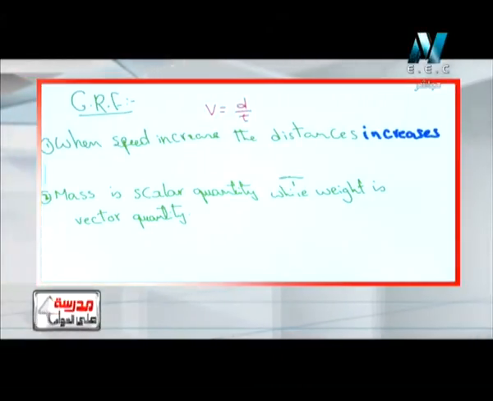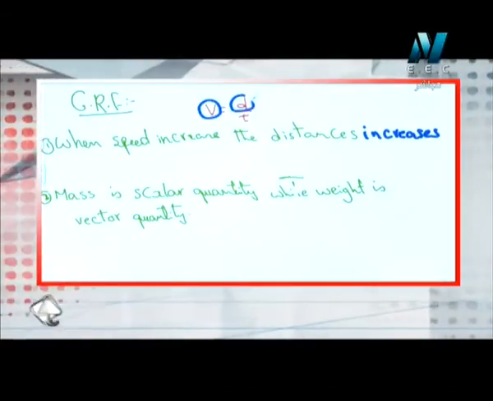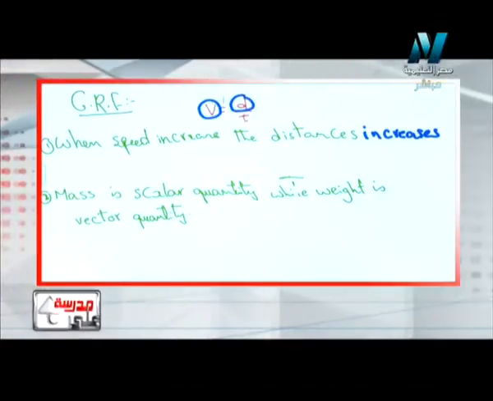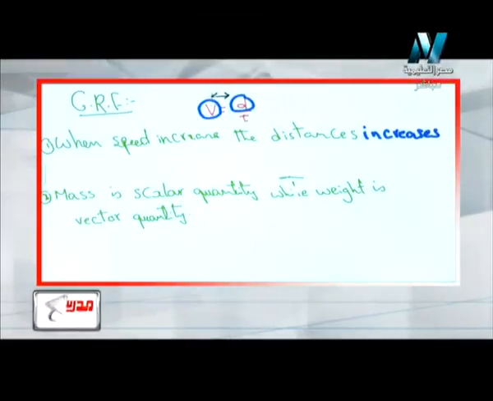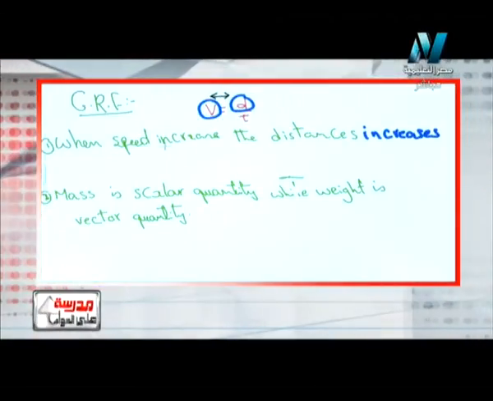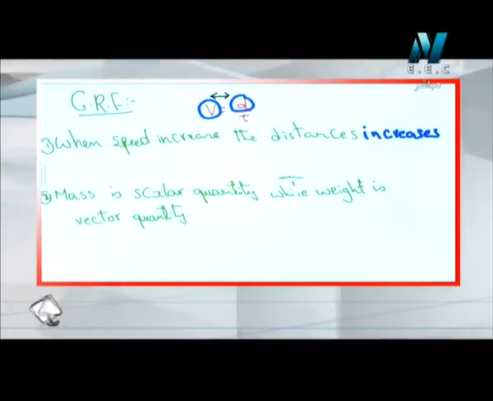So here we have speed and distance, and we know the relation between speed and distance is directly proportional, which means if the distance increases, the speed increases and vice versa.